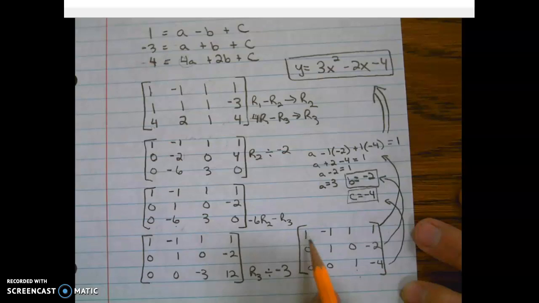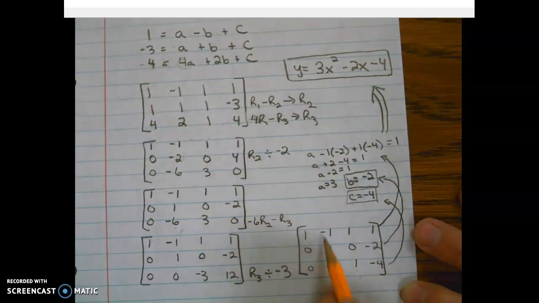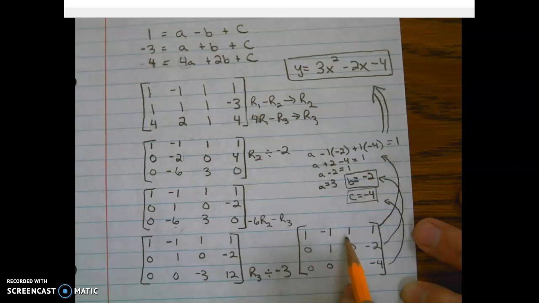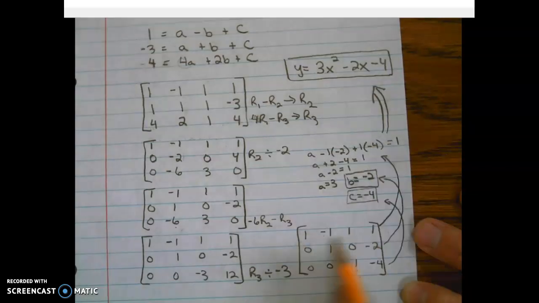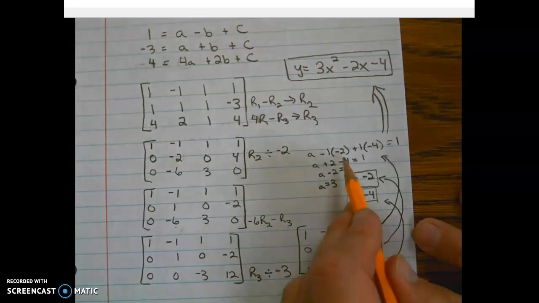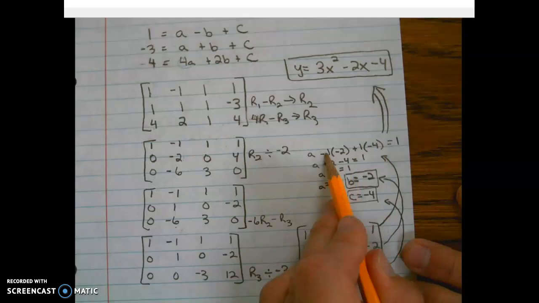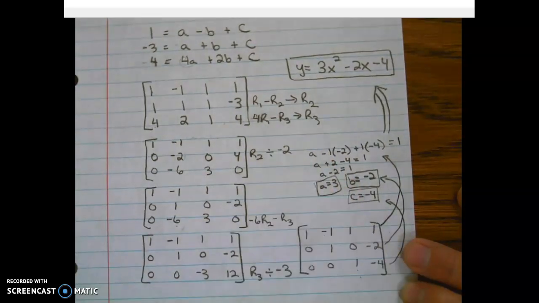And now calculating a, I have 1a minus 1, and then we're multiplying that times my b value, plus 1 times my c value equals 1. So I wrote the equation and I plugged in b and c. So then I solve this for a, and that's going to give me a equals 3.